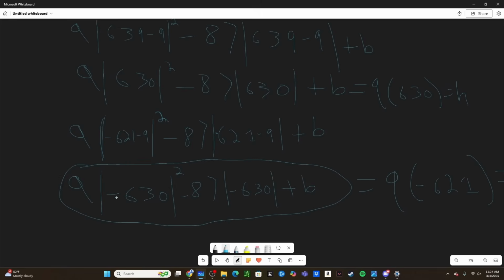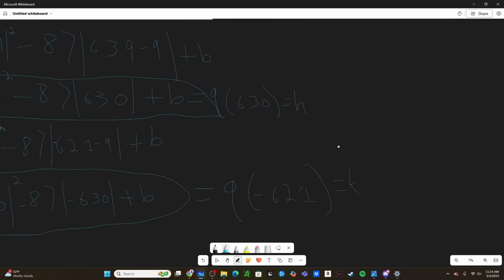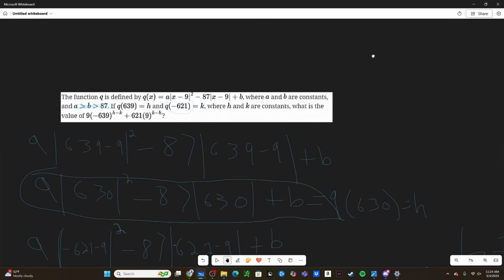The absolute value of negative 630 and the absolute value of positive 630 are the same value. And so these two equations actually are the exact same, right? They're both a times the absolute value of 630 whole squared minus 87 times the absolute value of 630 plus b, which means h and k are actually equal to each other. That's going to help us out a lot.